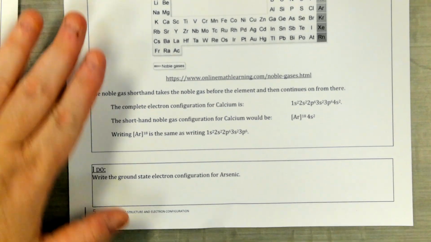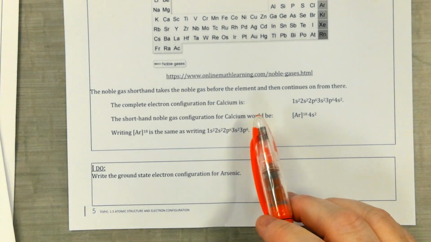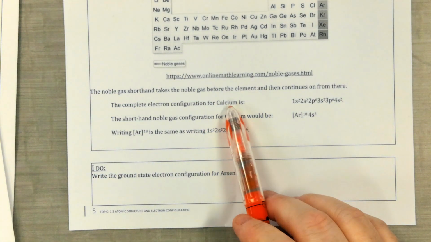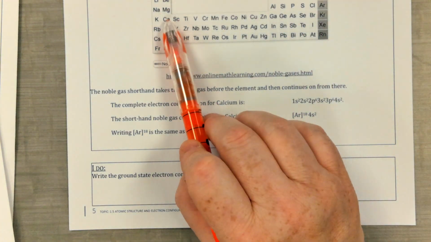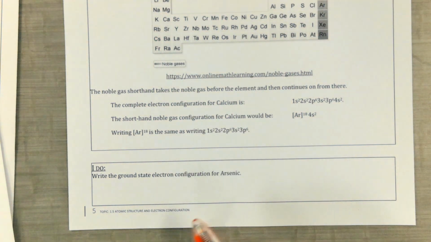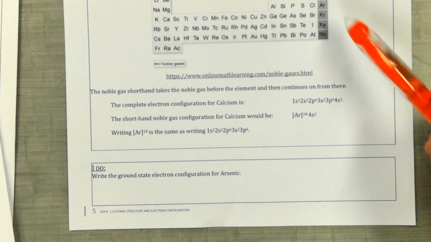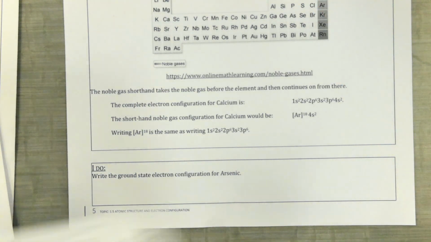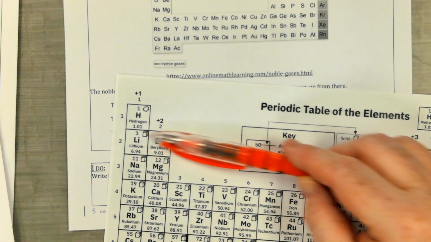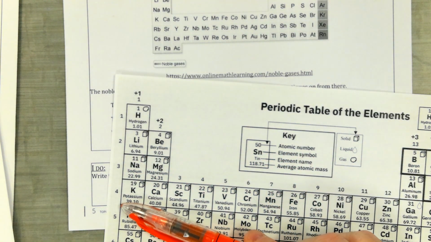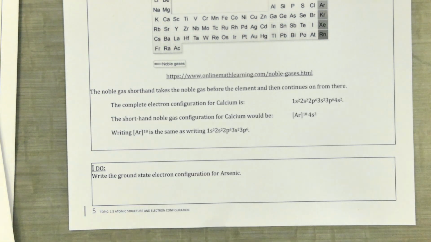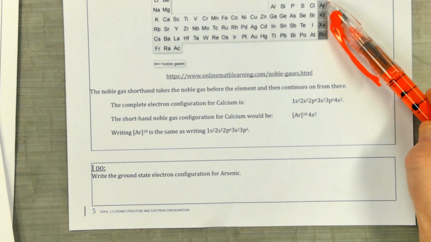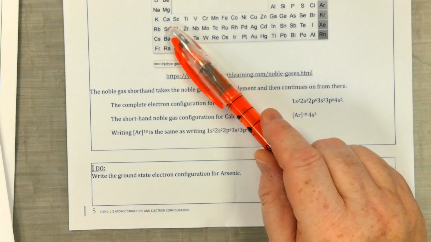So here is an example of the noble gas shorthand for calcium. So calcium is 1s2, so calcium's way over here. It has 20 electrons, okay? So we got to go through period 1, period 2, period 3, and 4s2 gets us to calcium. So I back up. Argon is the noble gas right before calcium.